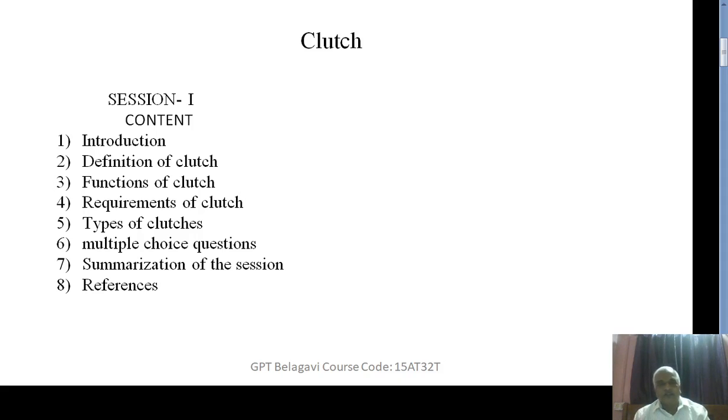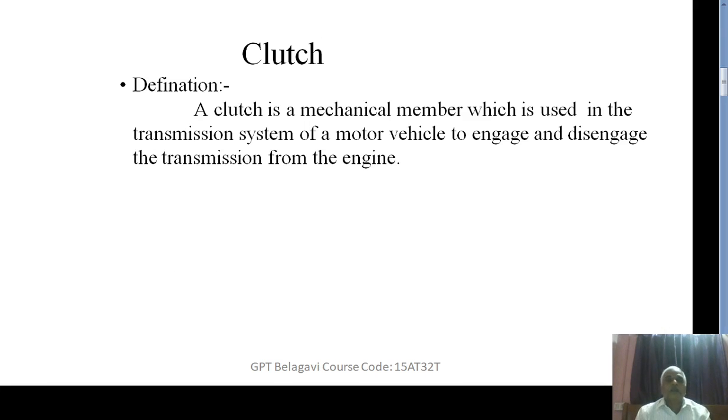So as such, there is no difference between the clutch and coupling according to its function, but there is a slight difference in its construction. Therefore, the definition for the clutch: a clutch is a mechanical member which is used in the transmission system of a motor vehicle to engage and disengage the transmission from the engine.